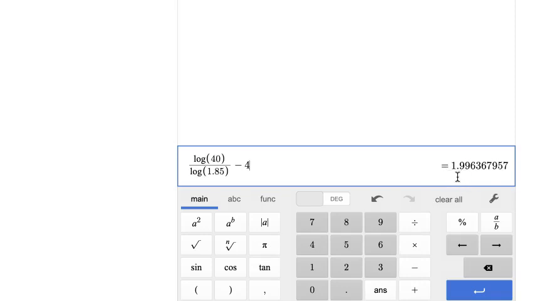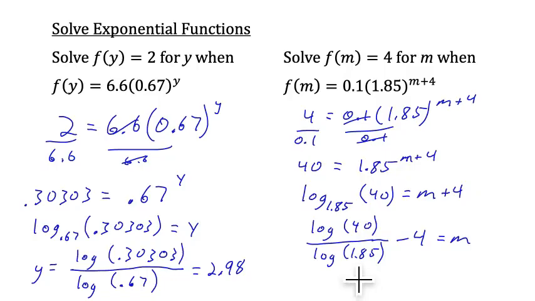All right, we get 1.996. So we just figured out that 0.1 times 1.85 raised to the power of 1.996 plus 4 is about equal to 4.